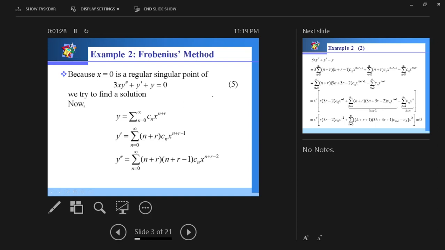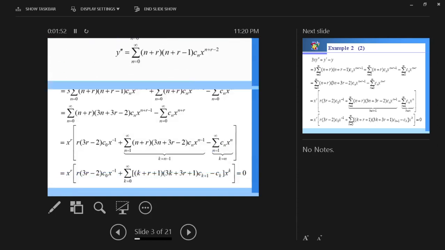Then its second derivative, y'', is summation n = 0 to infinity (n+r)(n+r-1) c_n x^(n+r-2). This is the second derivative in compact form.